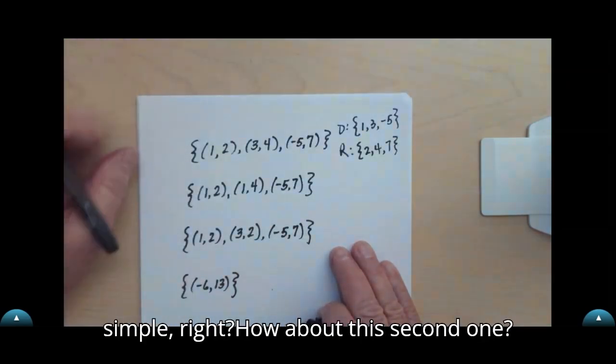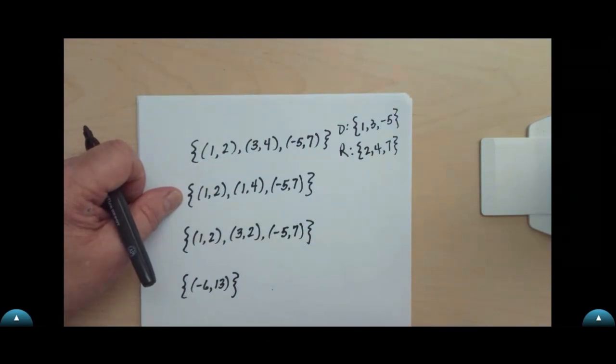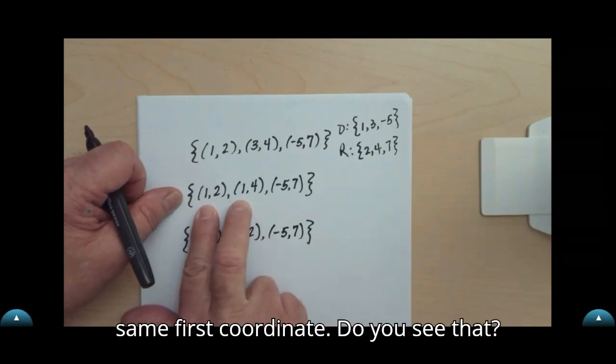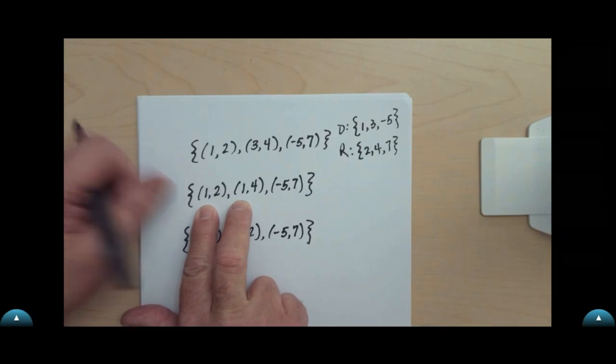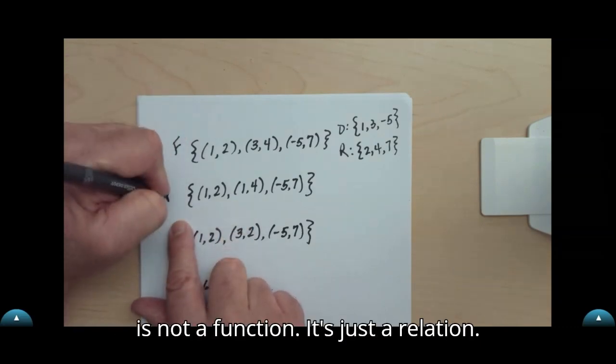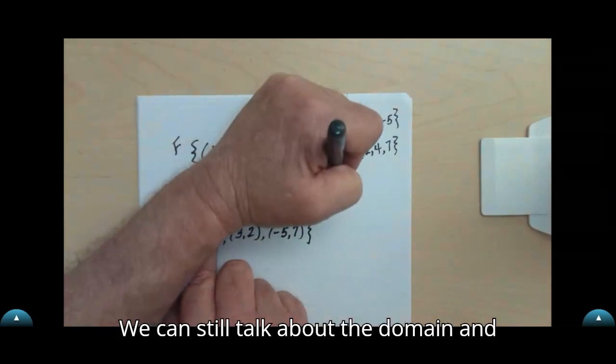That's super simple, right? How about this second one? Is this a function? No. Why is it not? Because those 2 ordered pairs have the same first coordinate. Do you see that? So the first one is a function. This one is not a function. It's just a relation. We can still talk about the domain and range.